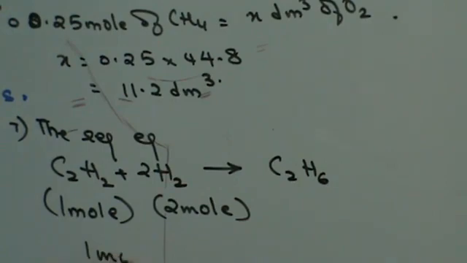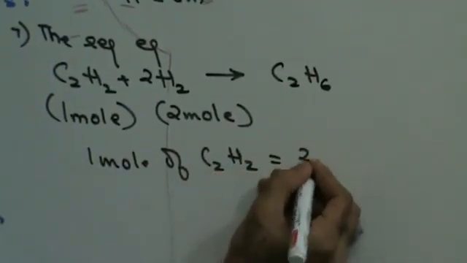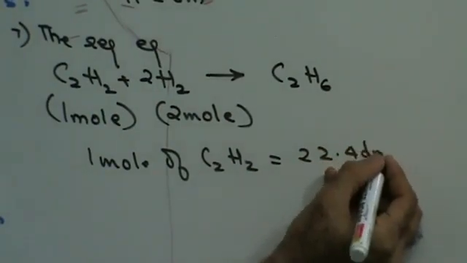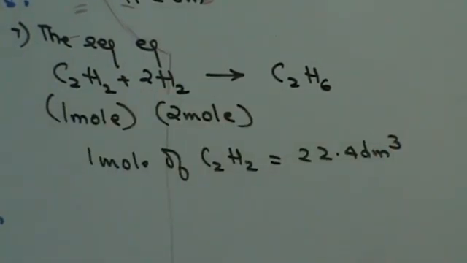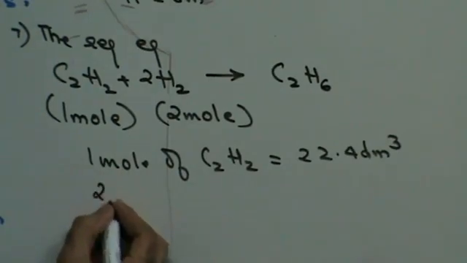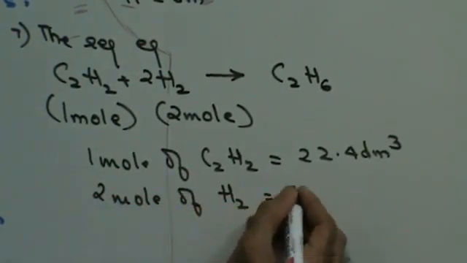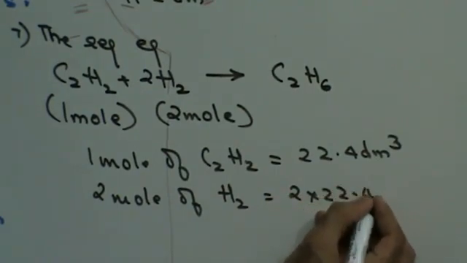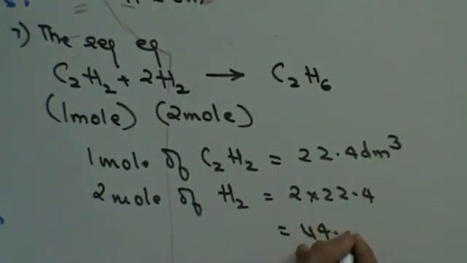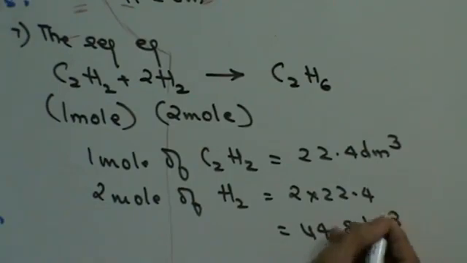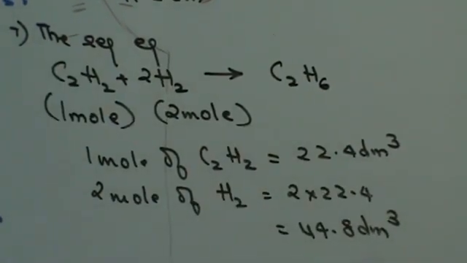Now we know that 1 mole of ethyne will occupy 22.4 decimeter cube of space, and 2 moles of hydrogen will occupy 2 into 22.4, that is 44.8 decimeter cube of space.